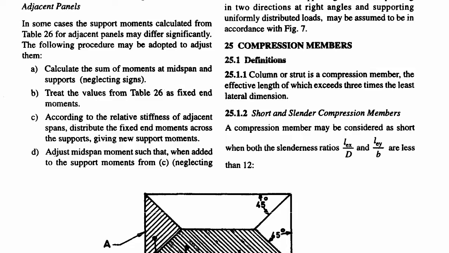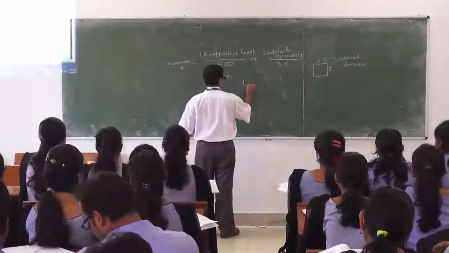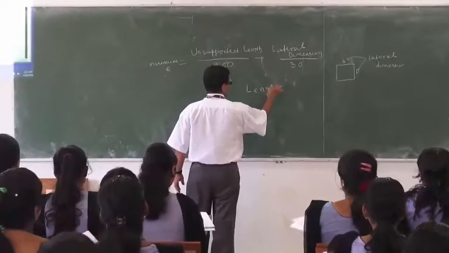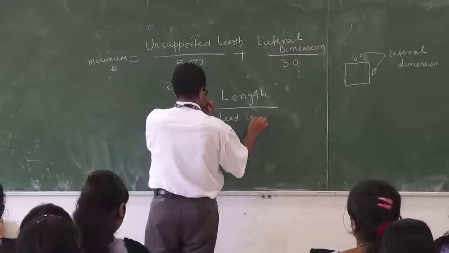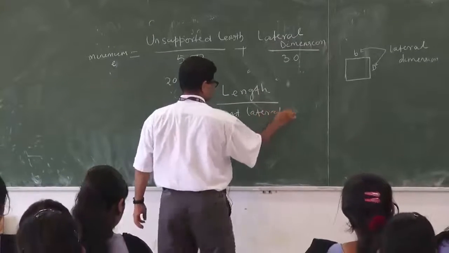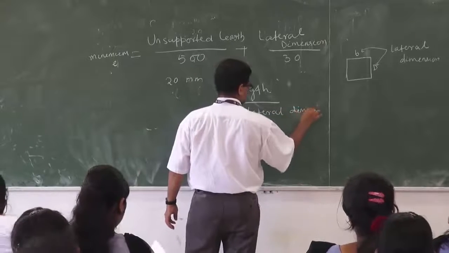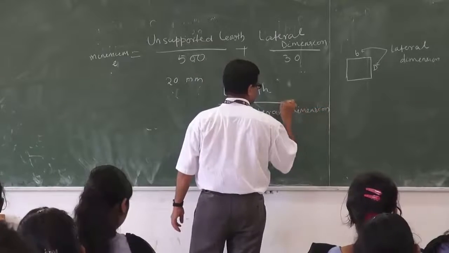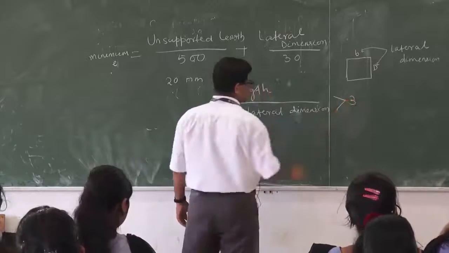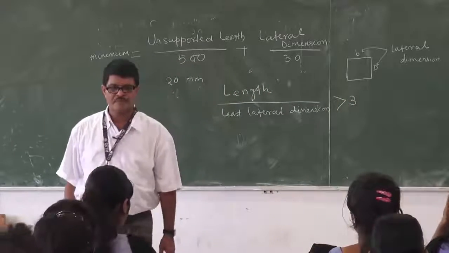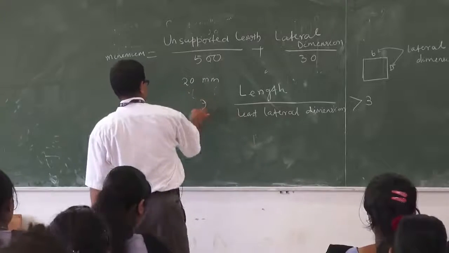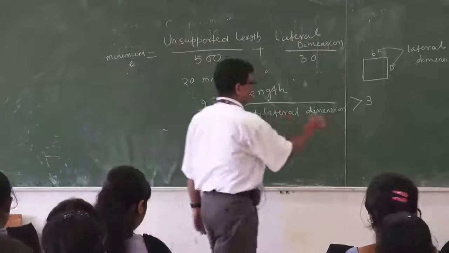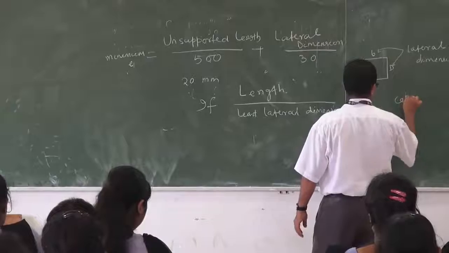So if length by least lateral dimension exceeds 3, that means greater than 3, then it is called a column.